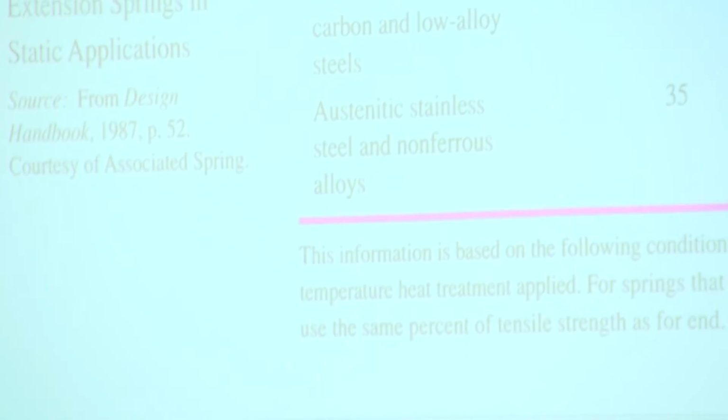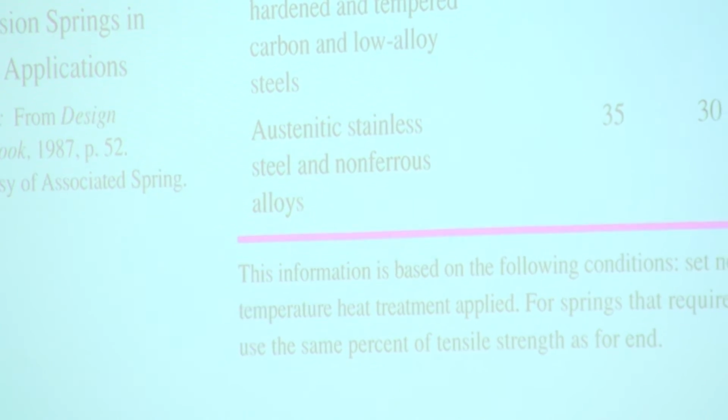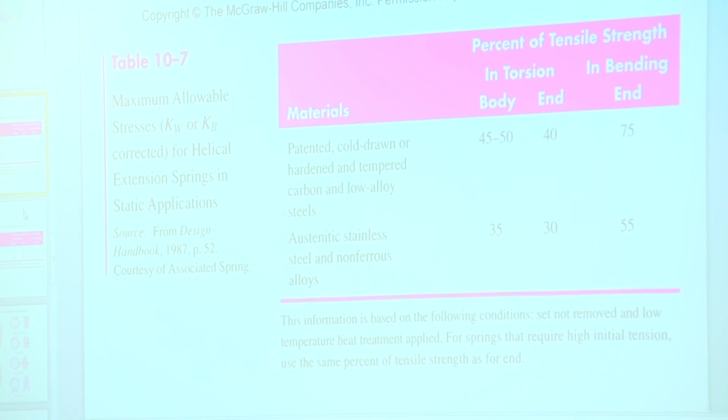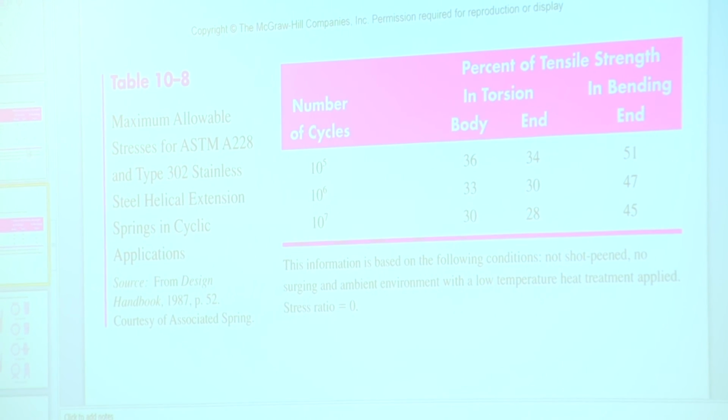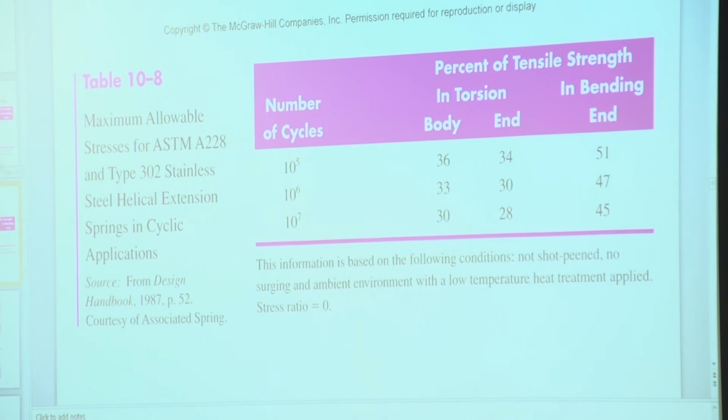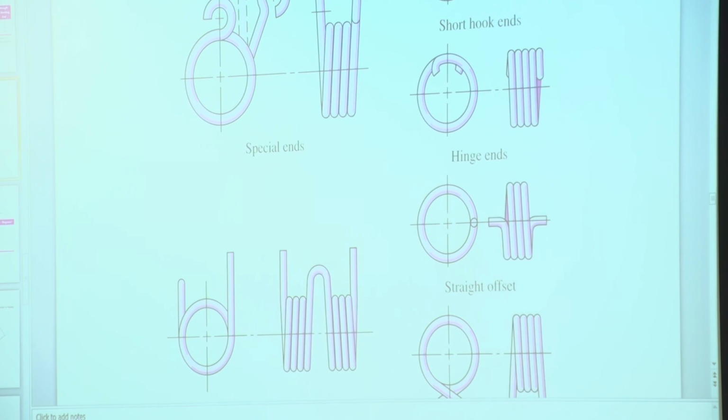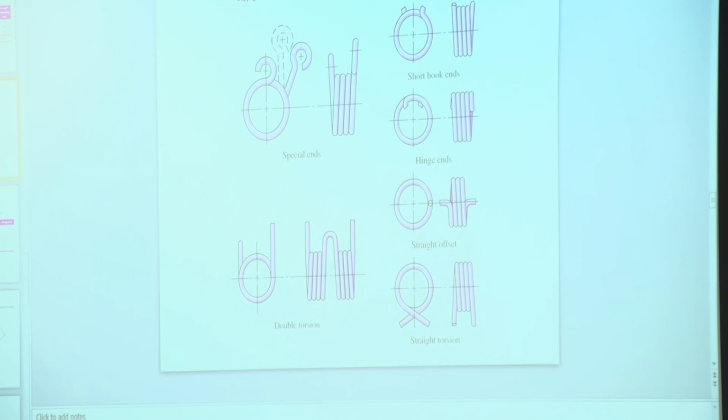Tables 10.7 and 10.8 give you allowable stresses for tension springs, very similar to those we had for compression springs. One for static loading, 10.7, and the other one for cyclic loading, 10.8. But they're very similar to the tables that we had for compression springs.